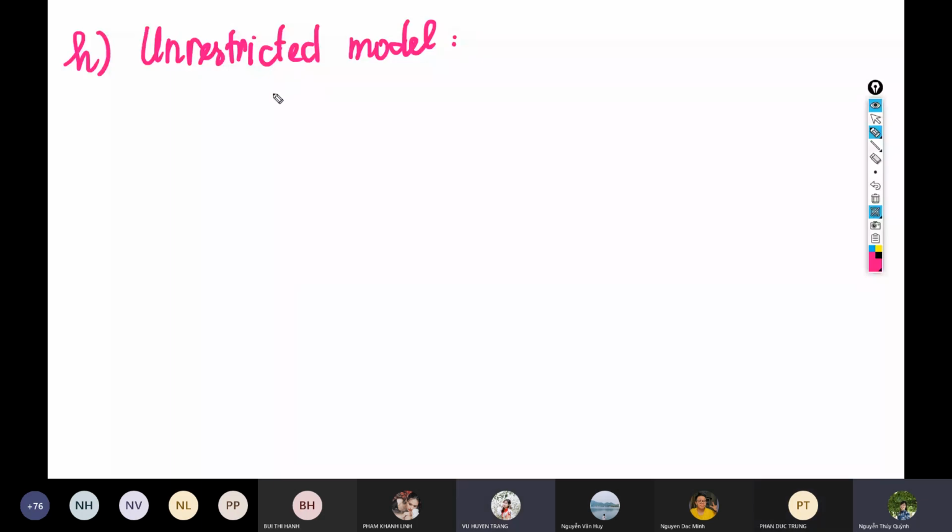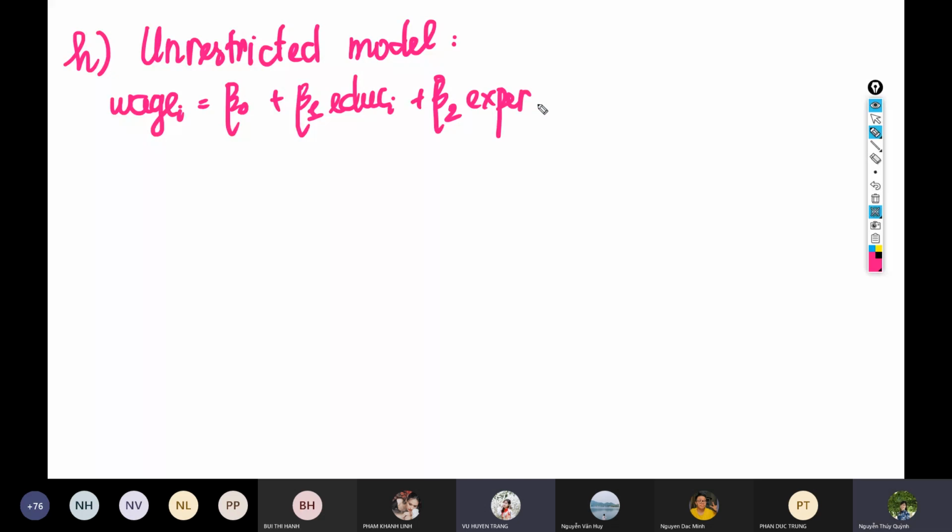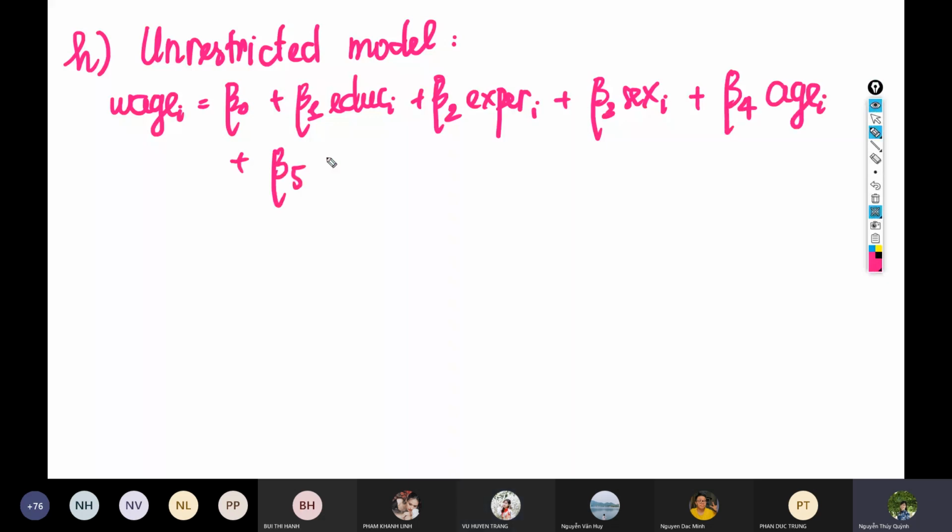Wage equals beta 0 plus beta 1 education plus beta 2 experience plus beta 3 sex plus beta 4 age plus beta 5 union, plus u_i.